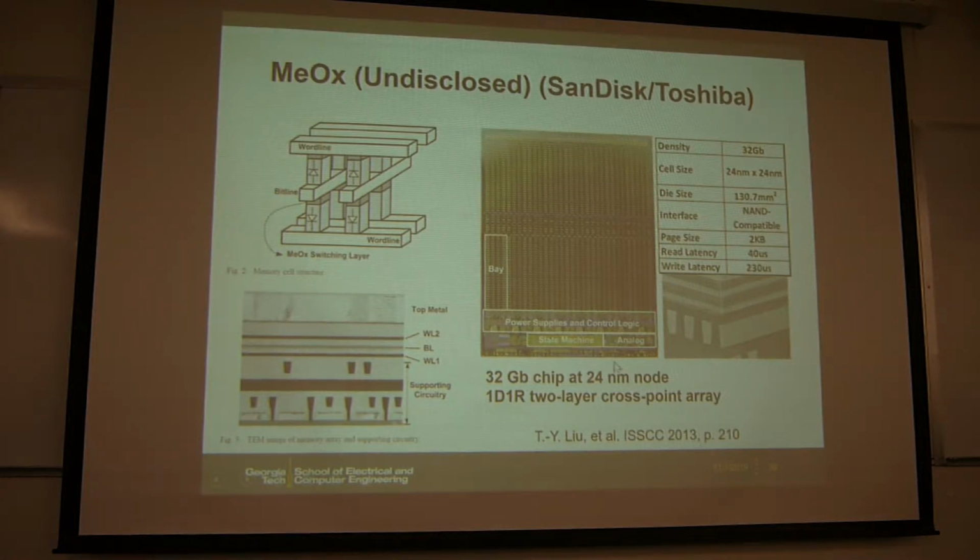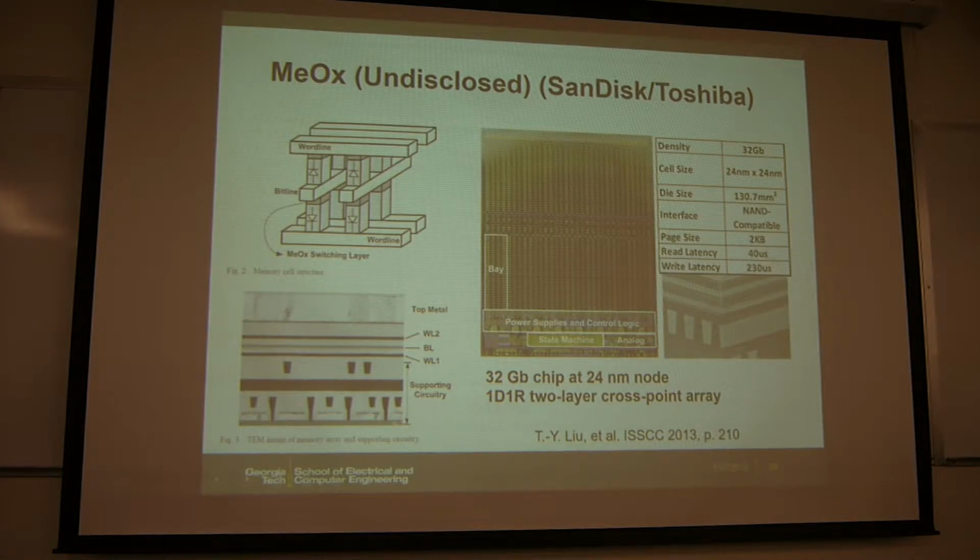So this chip has a very large capacity, 32 gigabits, because the pitch is pretty small, and the feature size is like 24 nanometer. So the wire width for this bit line and word line is like 24 nanometer. So the pitch is about 48 nanometer. So this is the SanDisk and Toshiba chip.